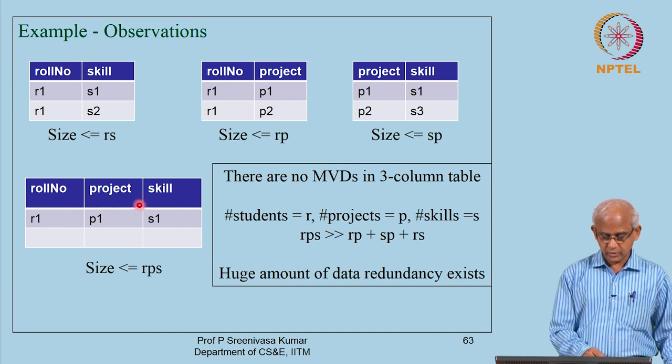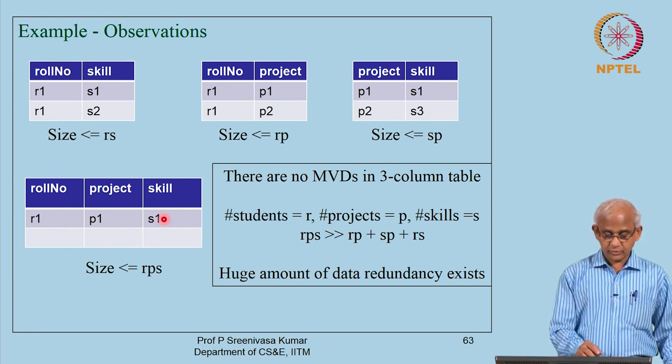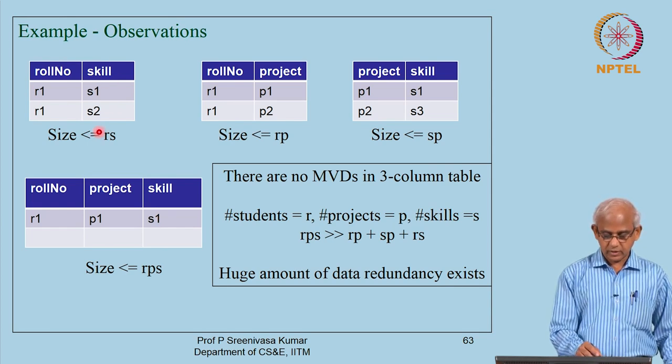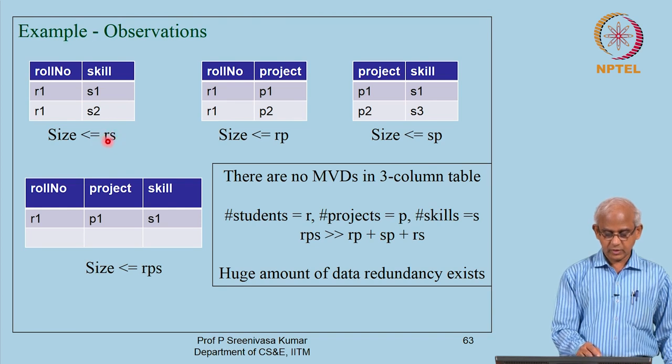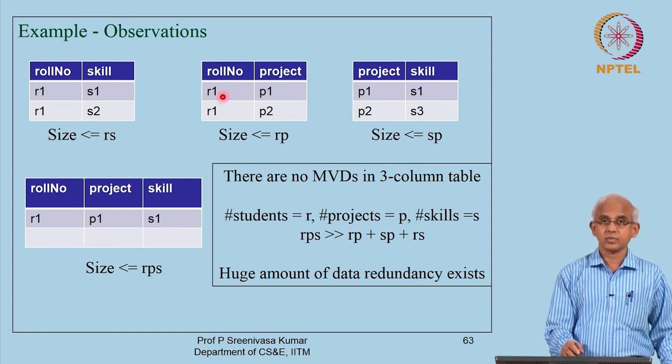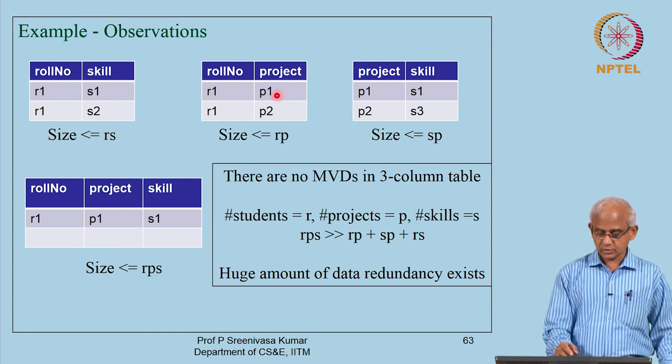Now, if you focus on this, the maximum size can be at most R times S. Every student may not have every skill, so typically it might be much smaller than R times S, but the maximum is R times S. In a similar way, every student may not be interested in every project, and so this will be less.